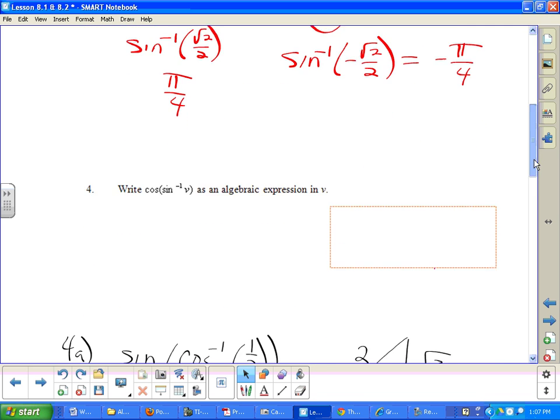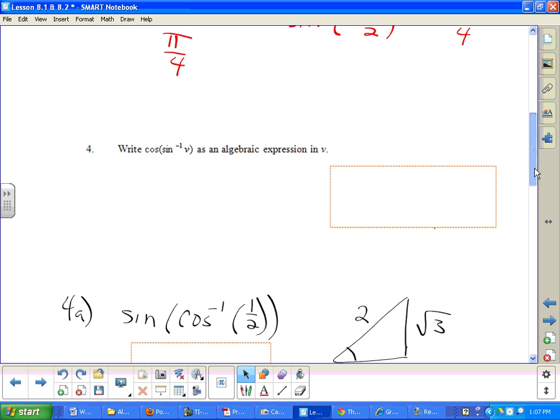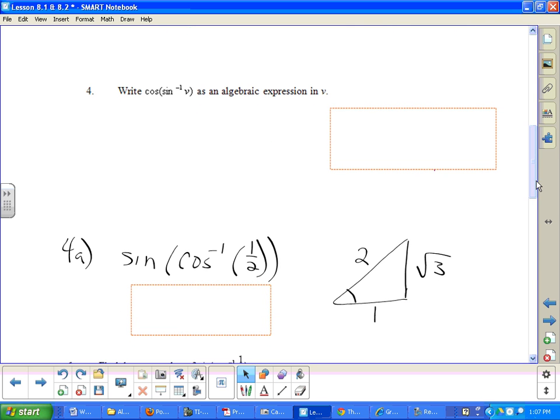Okay. Number 4, and I've added a 4a to our problem. They want us to find the cosine of the inverse sine of v. Now, the problem is, what's v?